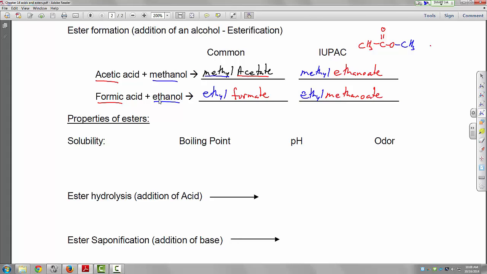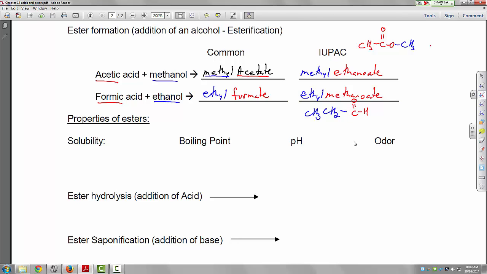So let's draw the structure of ethyl methanoate. There's an ethyl group. We're going to attach this to a 1-carbon, which essentially comes down to a 1-carbon acid, and so we have the carbonyl from the acid. This carbon now has 4 bonds, so there's just a hydrogen attached here instead of another carbon. So this is the methanoate.